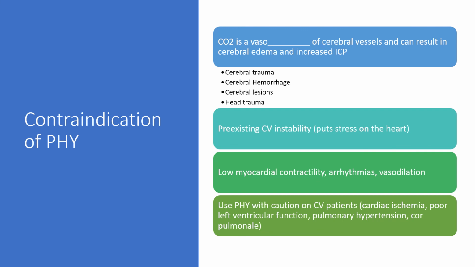So if they have low myocardial contractility, left ventricular failure, arrhythmias already, or if they're on vasodilation medications, that might not be the right patient, because that could drop their blood pressure or send their heart into failure. So use permissive hypercarbia with caution on your cardiovascular patients. If they have cardiac ischemia, poor left ventricular function, pulmonary hypertension, or cor pulmonale, you need to be very careful, because that could be detrimental to their care.